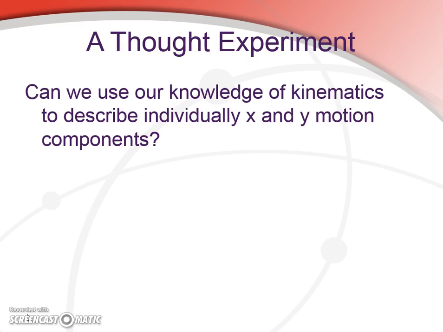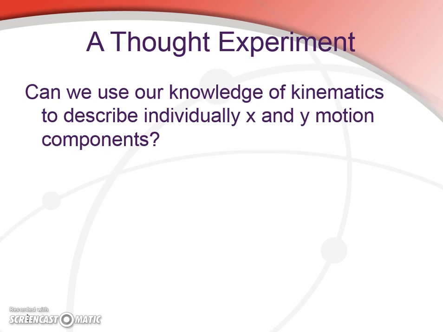Now here comes the toughest part of this session. Can we think about our knowledge of kinematics and attempt to describe the x and y components of projectile motion individually? And it would be interesting to stop and debate this. It's difficult to do in video form. But what I'd encourage you to do is think about the y motion.